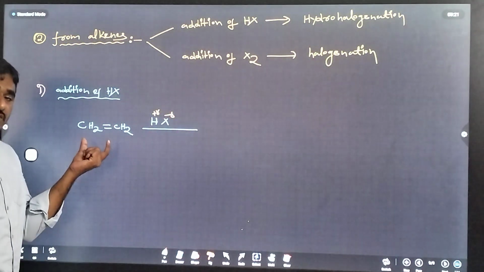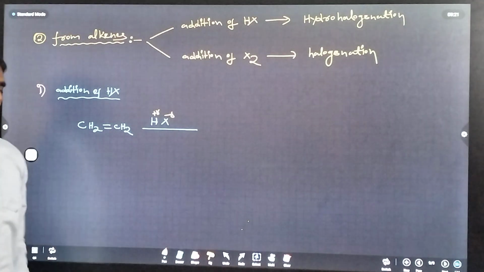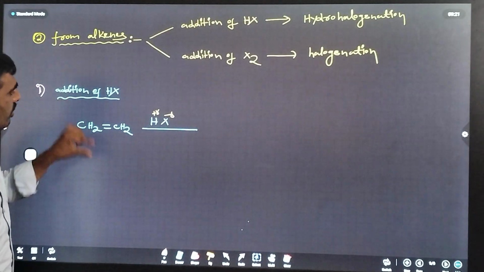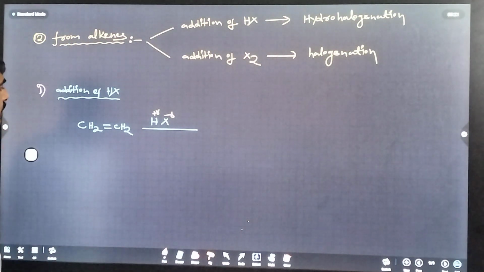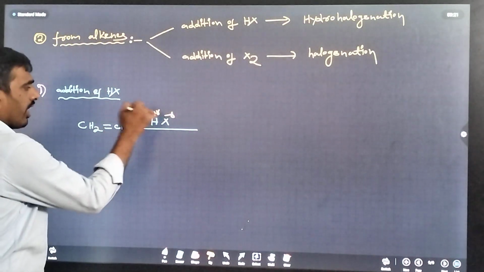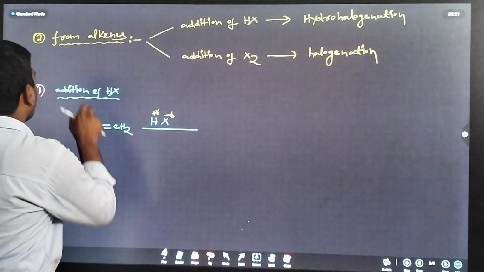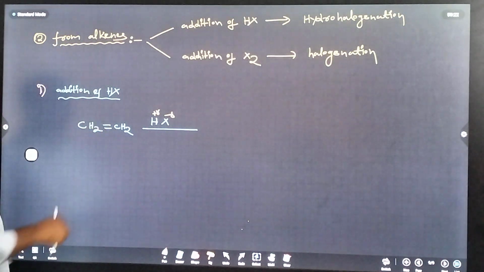Alkenes are electron rich species because of the double bond. The double bond is a weak bond when compared to the sigma bond. So here this is the nucleophile, this is the electrophile. H plus is the electrophile, and the reaction is initiated by the electrophile.